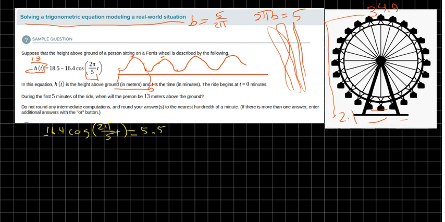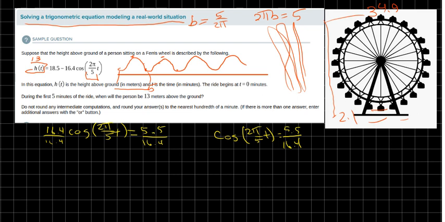I'm going to divide both sides by 16.4, and we're going to end up with cosine of 2 pi over 5 t is equal to 5.5 over 16.4.